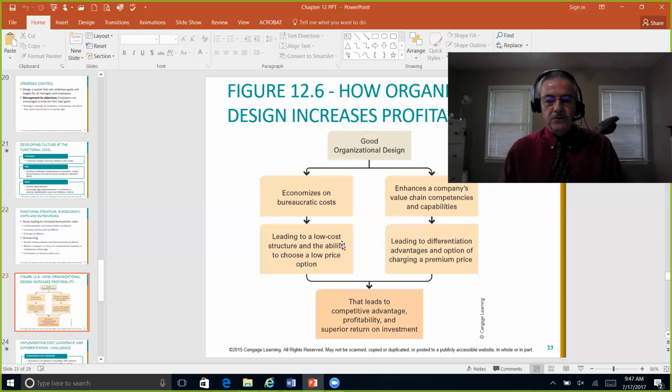In either case, it's really about developing an organizational design that's going to lead to competitive advantage. It's going to increase your return on investment. It's going to give you that distinctive competitive advantage so that the company can survive in the long term.